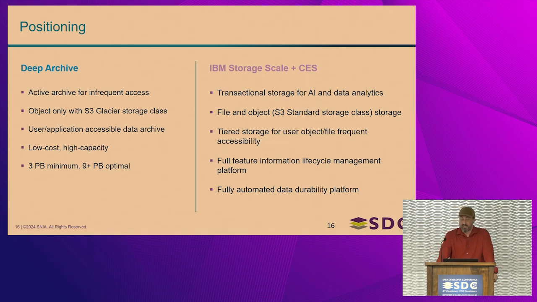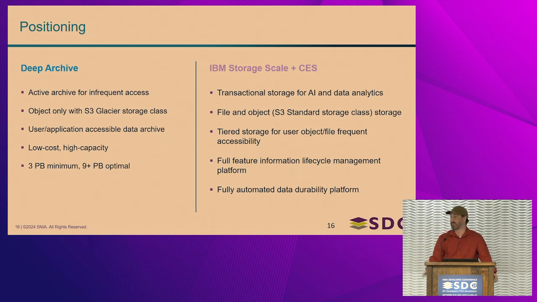We talk a lot about positioning. There are solutions we have at IBM to give you full access to an S3 type interface. There's IBM Storage Scale plus CES. That's more of a transactional AI storage for data analytics, and that would be the S3 that you would use for there.